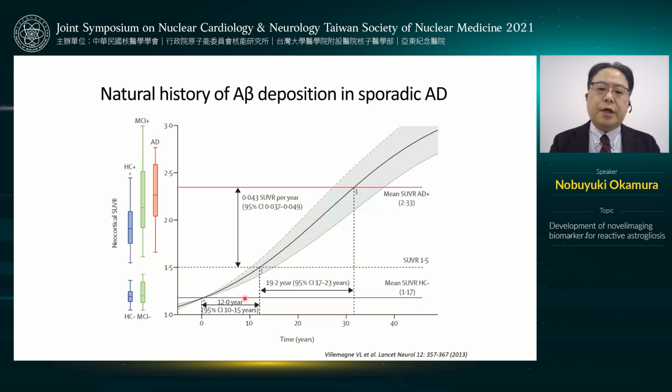Longitudinal PET studies have clarified the natural history of A-beta deposition in sporadic AD patients.